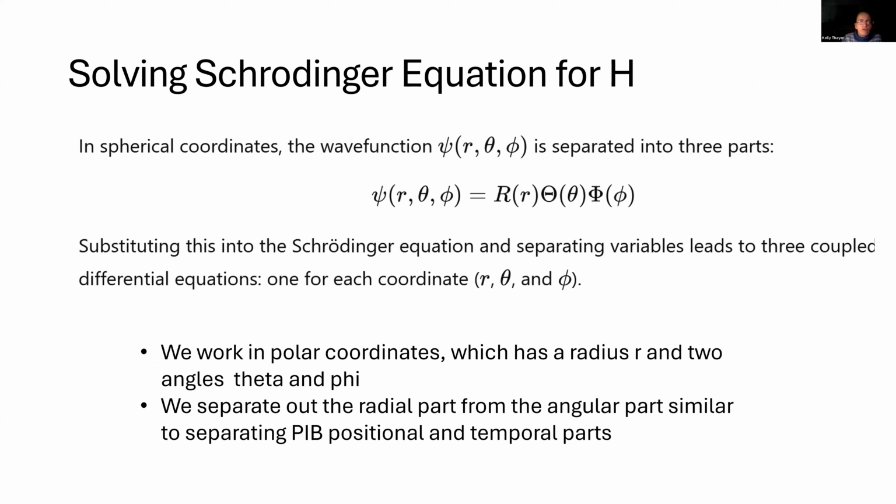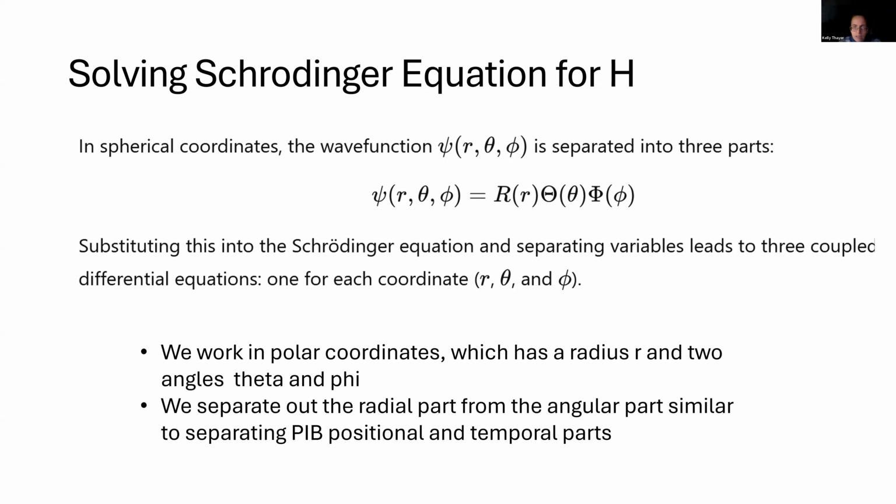So let's solve the Schrödinger equation. In spherical coordinates, the wave function is psi of r, theta, and phi, which can be separated out into three different parts. This is basically an assumption, similar to when we had the distance and the time and decided to separate those out into two different parts in the classical equation.